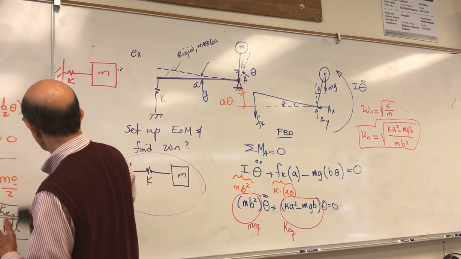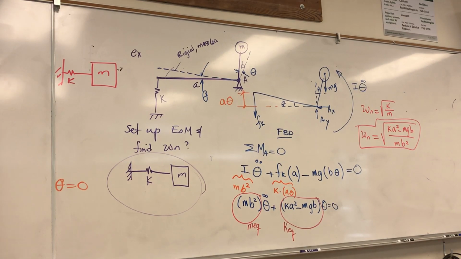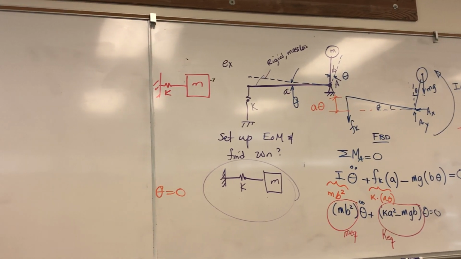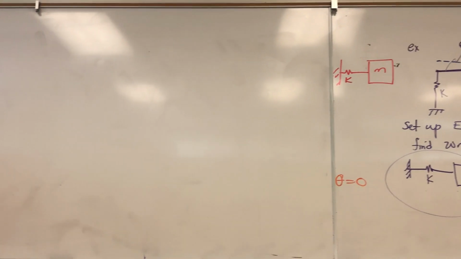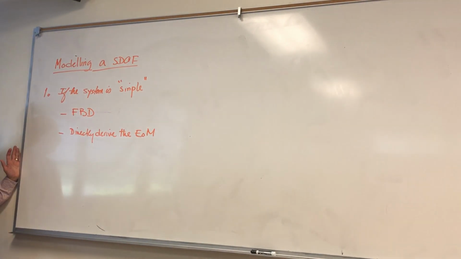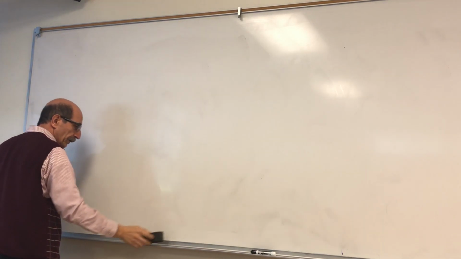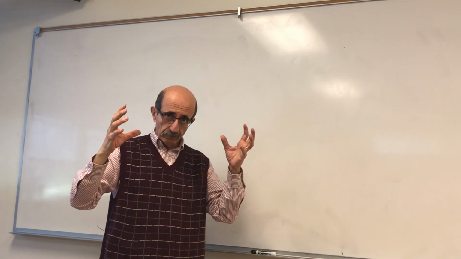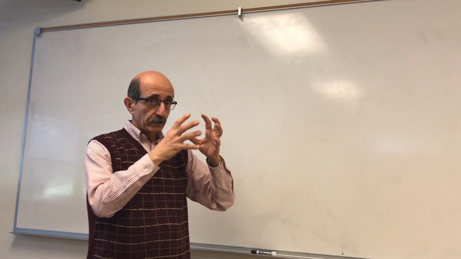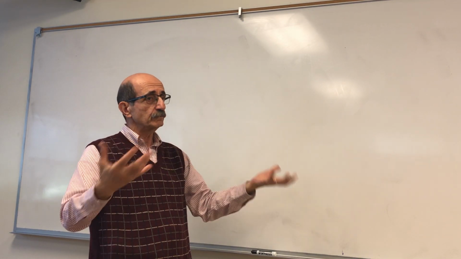As I emphasize, it's for those cases where we have a simple case made of some simple components, and as long as you can set up the free body diagram easily, you can directly derive the equation of motion, and by comparing that equation with the equation of motion for a mass spring, which is the model that we want to set up, the coefficient for the acceleration term is your mass, the coefficient for the displacement term is your stiffness.